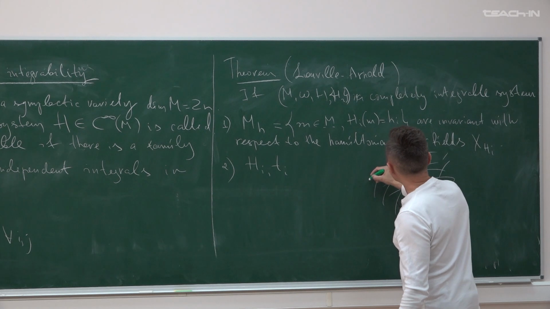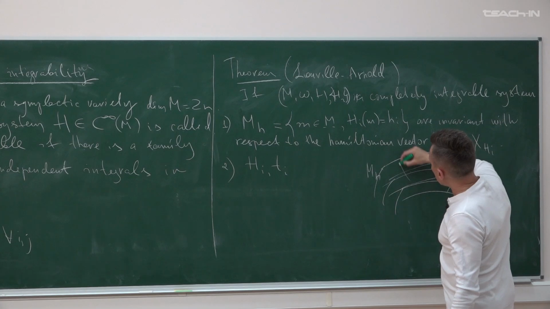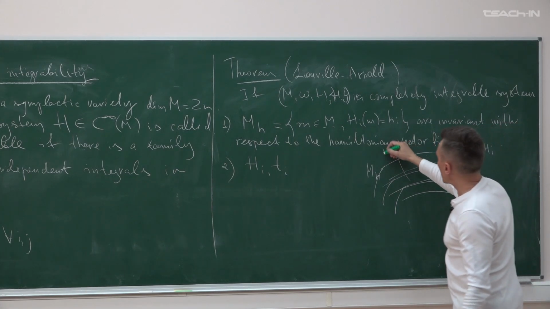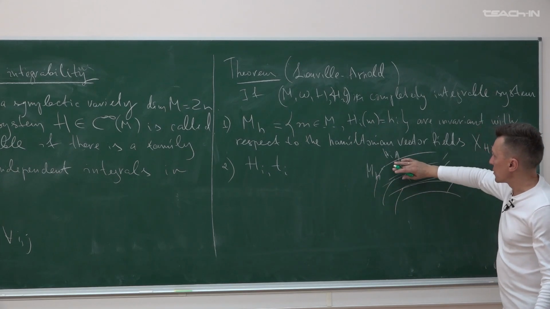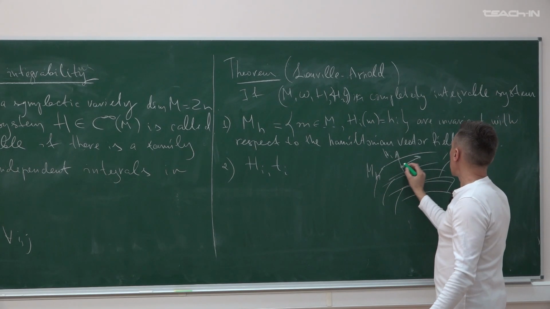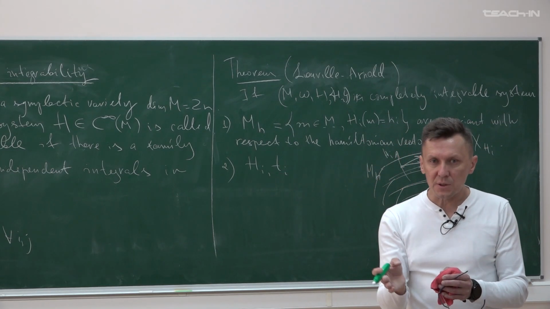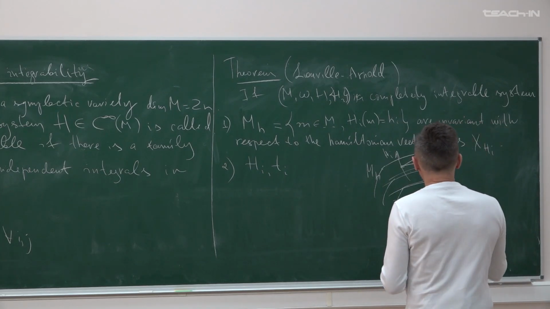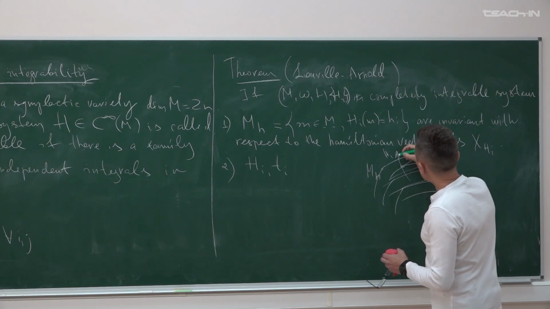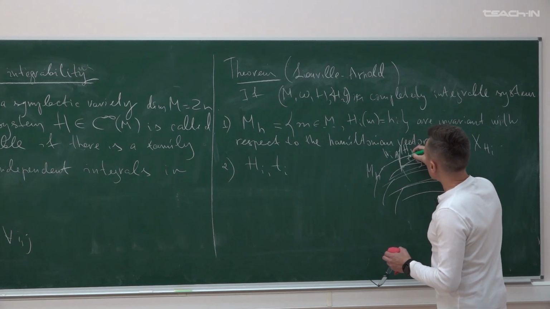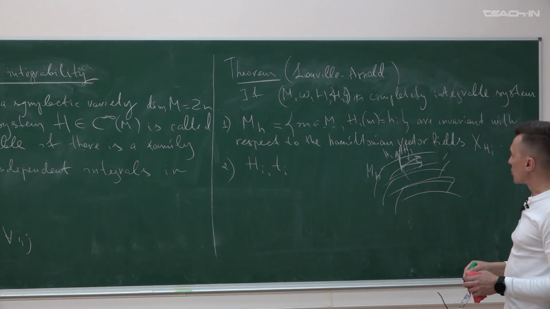The coordinate h goes transversally to this foliation, and times are just the times along the trajectories of Hamiltonian vector fields. So these are coordinates t_i, t_j, and here are coordinates along the values of integrals of motion.